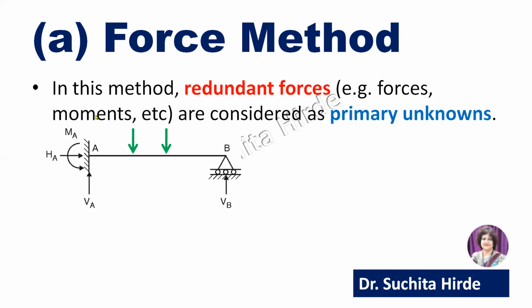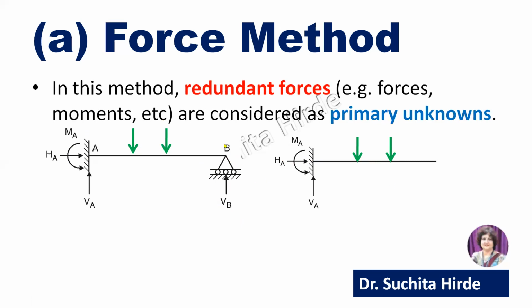So suppose there are some loads here. Because of these loads, these are the reactions which we cannot calculate using equations of equilibrium. As I told you, this reaction is extra, which is not required for stability, because this is a cantilever and this is called a propped cantilever. Cantilever structure is also a stable structure.